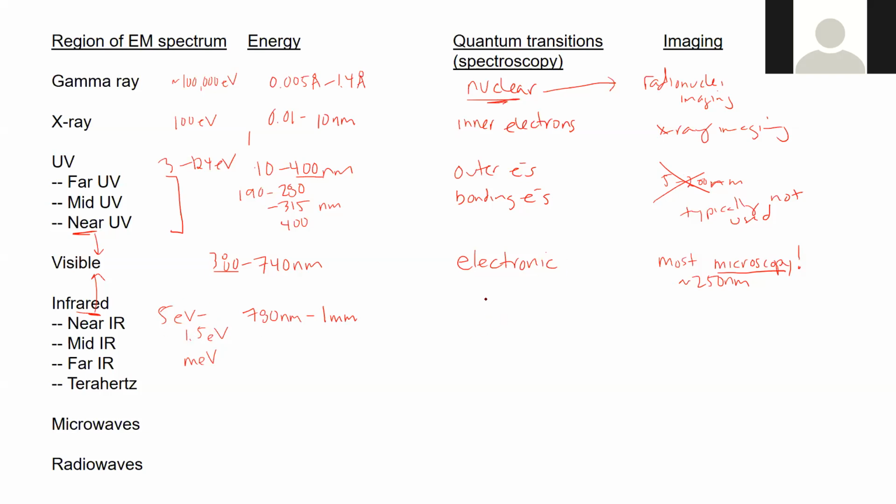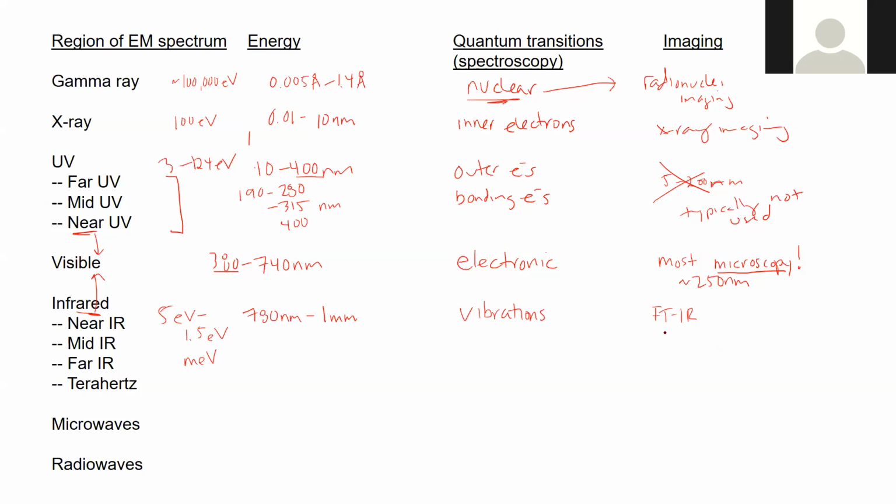Then what about the quantum transitions? The quantum transitions are probing the specific vibrational states of molecular bonds in biomolecules. And then what about applications in imaging? FTIR, so chemical analysis.